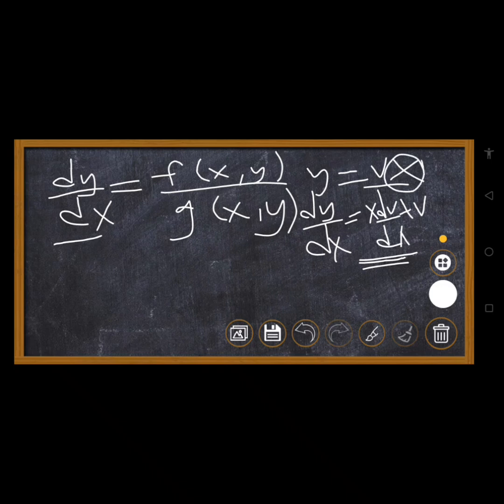After you factorize x, then you make the expression become separable. After you make it separable, you integrate and simplify. Remember, in the final answer you are going to have v, so you replace where there is v with y over x. So that's it about homogeneous differential equations.